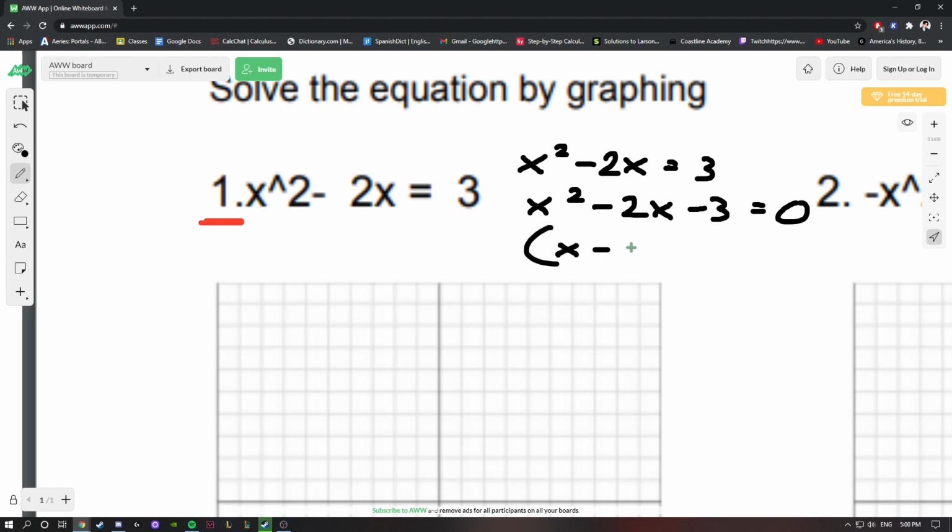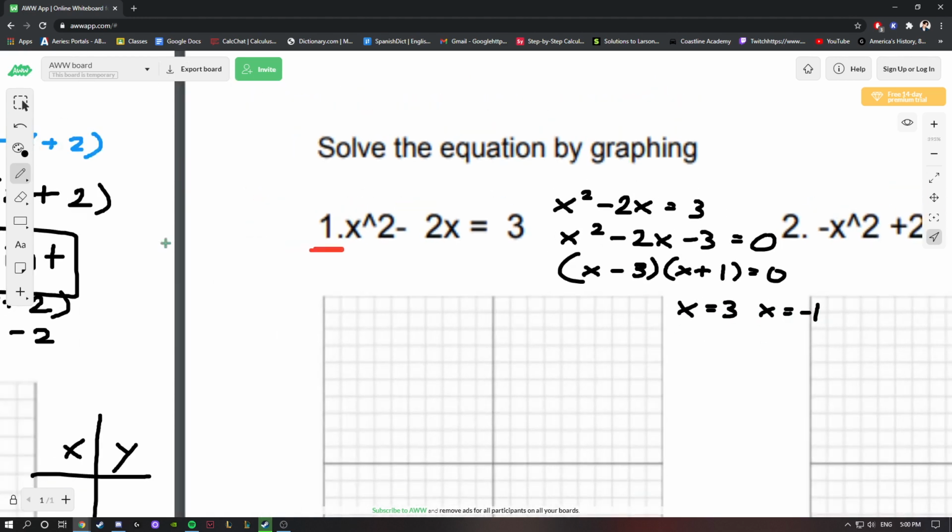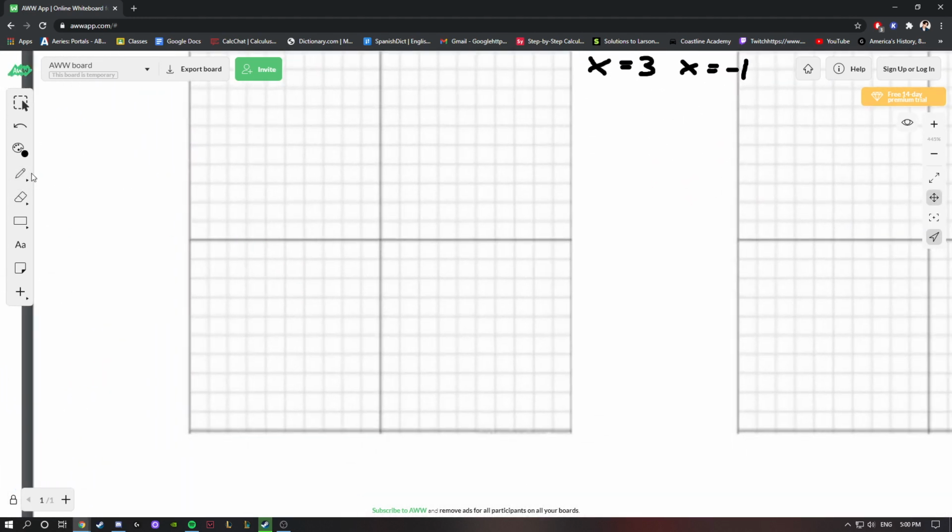So this will be (x minus 3)(x plus 1) equals 0. Our zeros are going to be x equals 3 and x equals negative 1. So we know that the graph will cross the x-axis at 3, 1, 2, 3, and negative 1.